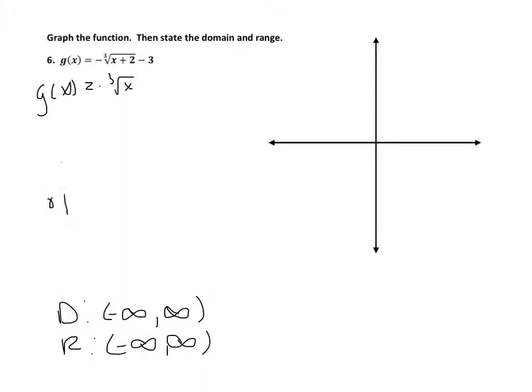I'm going to give some room here to apply the transformations, though. So negative 8, that's x, that's y. So negative 8, 0, and 8. So the negative cube root of negative 8 would be 2, and then 0, and then negative 2.